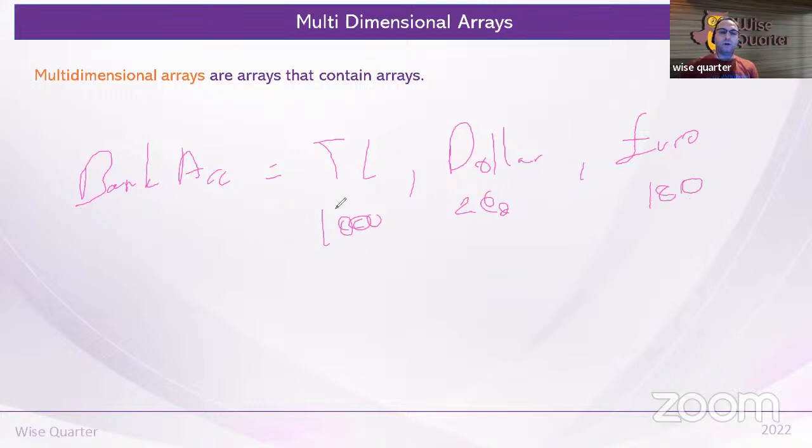All the currencies belong to me, but somehow I need to have different values for each one of them. This is my bank account. It will store different sub accounts, and each account will have a different value. This can also be handled by using multi-dimensional arrays.